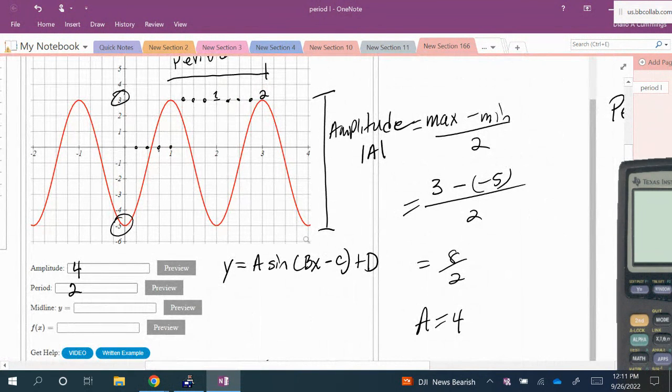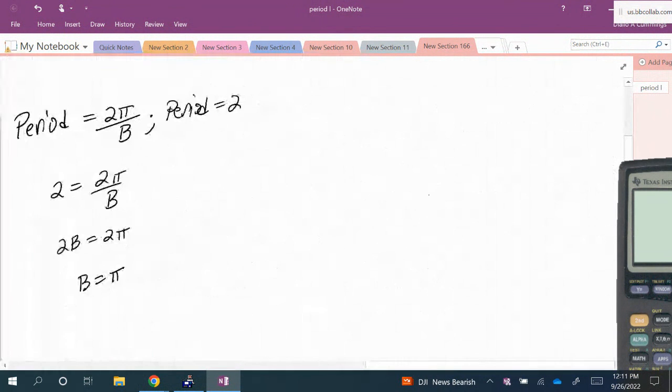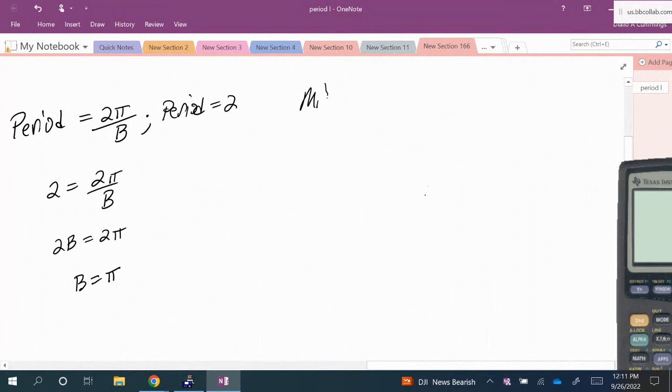Next, we're going to find the midline. The midline is also d. So let's find the midline, which is also d. So that's equal to the max value plus the minimum value divided by 2.